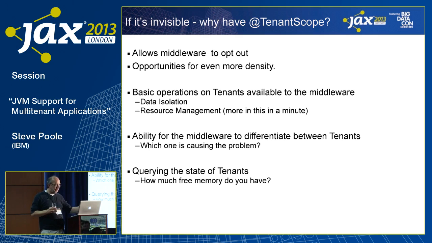It also gives you some connection to the tenant, so you can look at it and say, hey, this particular tenant is causing problems. So as well as providing a tenant scope annotation to enable this, under the covers we're also providing some APIs that you can interrogate. You can ask questions about tenants, you can look at what resource usage they've got. So these are under the covers APIs.